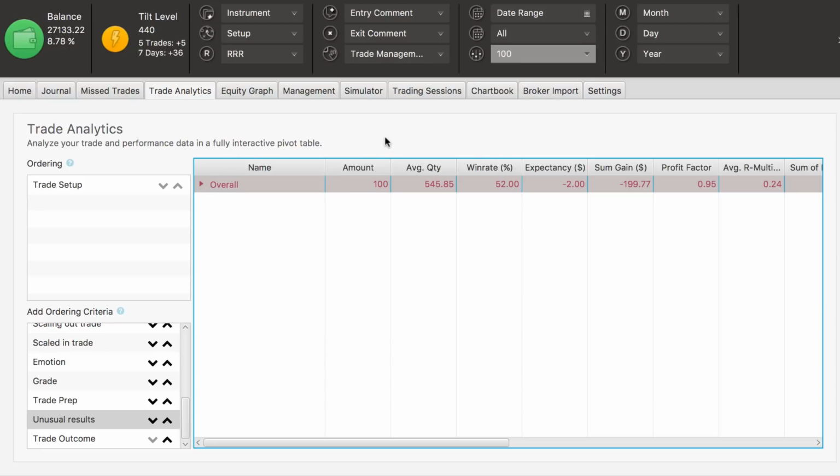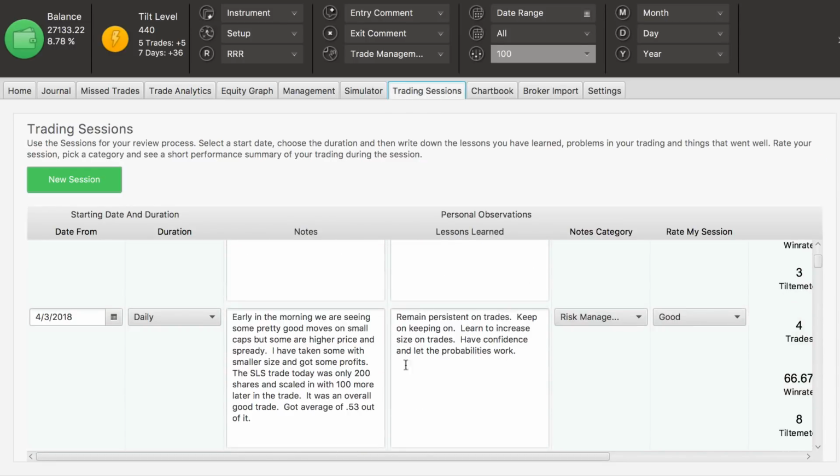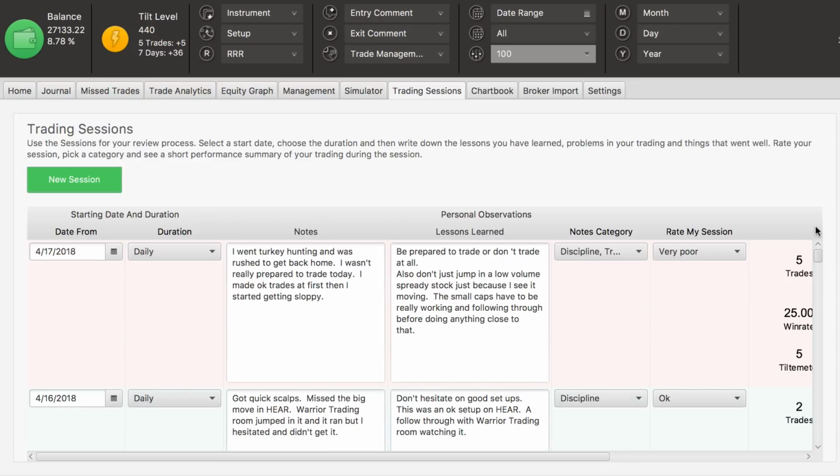I really liked how the trader also organizes his sessions. There are very good examples, so let me scroll back to the top. And you can see here there are lots of sessions, and especially the lessons learned really are nice, and they show that the trader is really caring about his trading journal, his trading routine, and he's really self-objective. He's looking at his trading very detailed. You can see here he said be prepared to trade or don't trade at all.